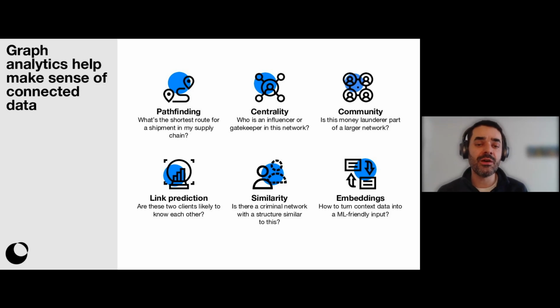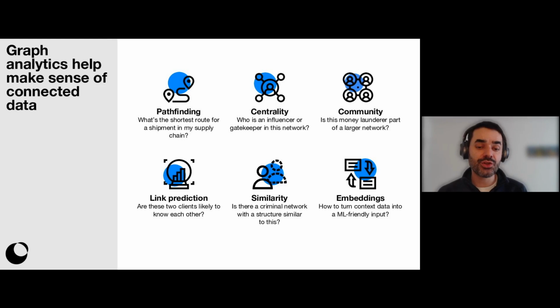Pathfinding graph algorithms can help answer questions such as what's the shortest route for shipment in my supply chain. There are also centrality algorithms, and centrality algorithms can help answer questions such as who is an influencer or gatekeeper within this particular network. There are also community algorithms, and community algorithms can be used to answer questions such as, is this money laundering part of a larger network?